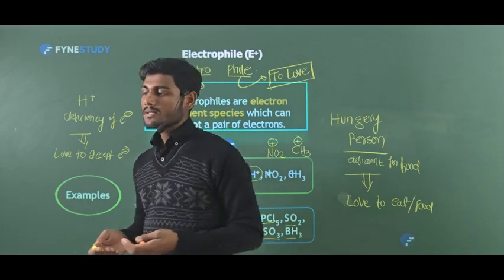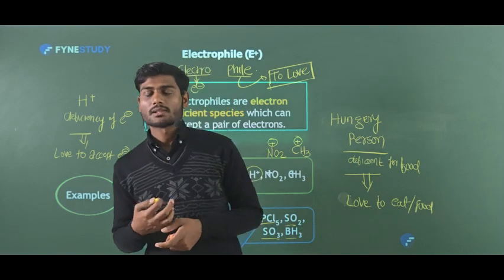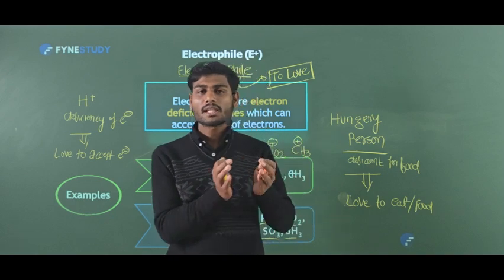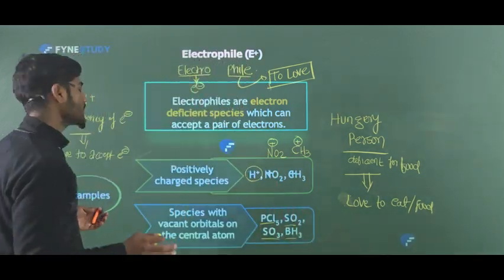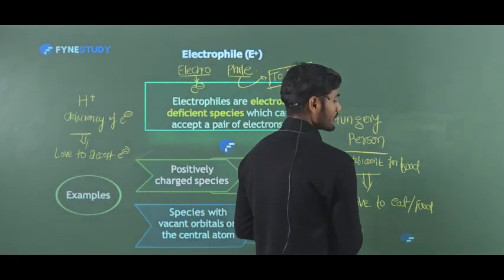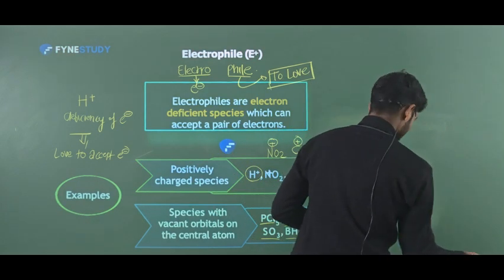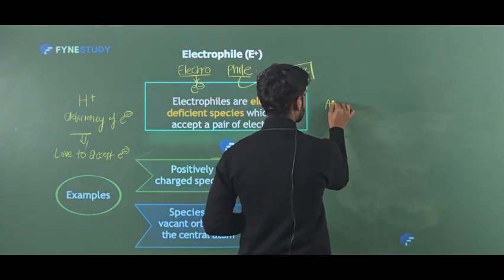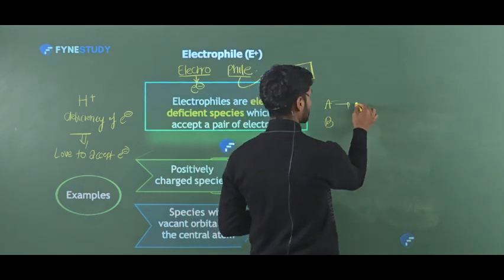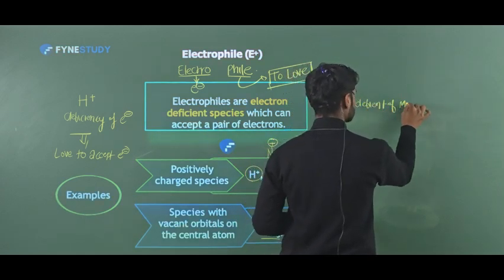If I take the example of money, if you have some money and you have some space for keeping that money, then also you can accept more money. We have many types of people in our society. Let's say person A has a deficiency of money.